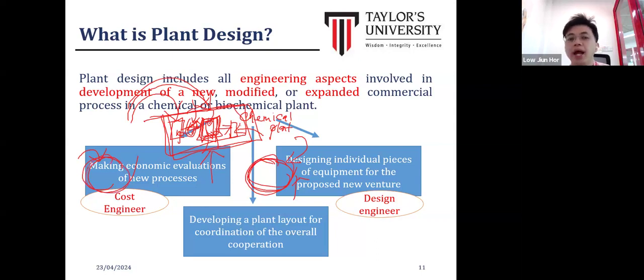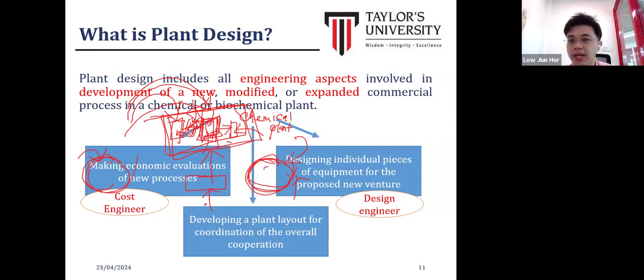As a chemical engineer, later you also need to prepare a plant layout based on the chemical plant that you are going to design. Plant layout means how you are going to place your equipment and how the equipment links together. Which part of the region you are going to put your distillation column, where you are going to construct your control room, where your toilet and storeroom are, where you install your storage tank.